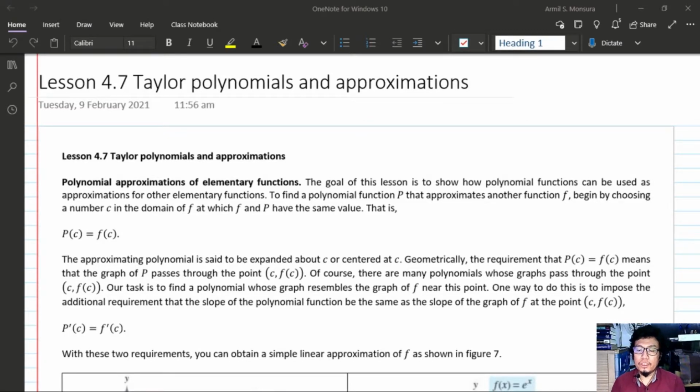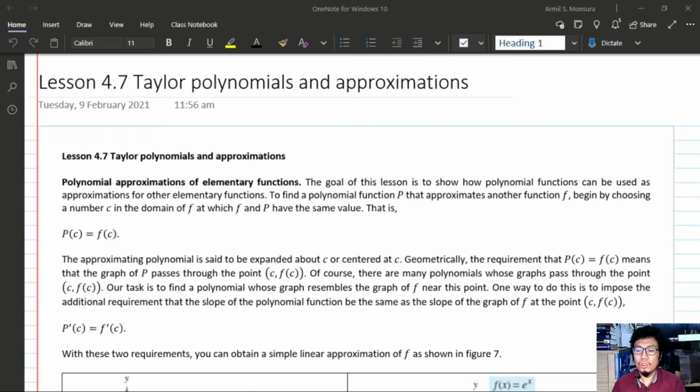Now this task is customarily done in mathematics for the purpose of computations. The primary purpose of this is for numerical computations.